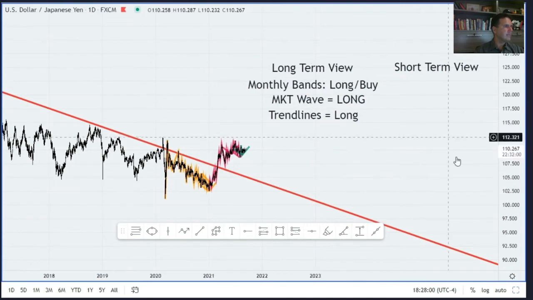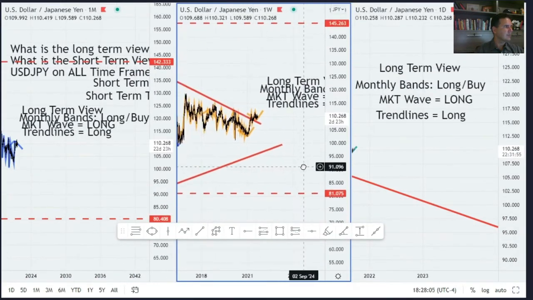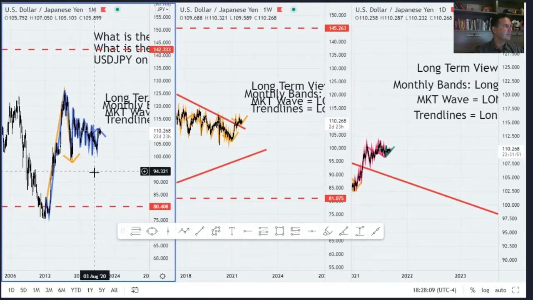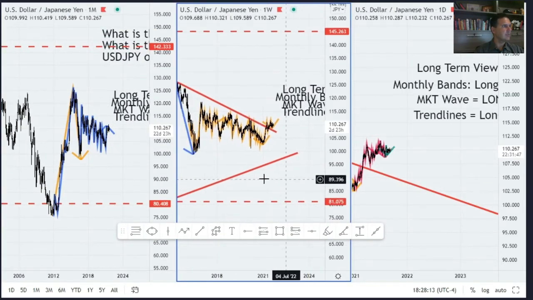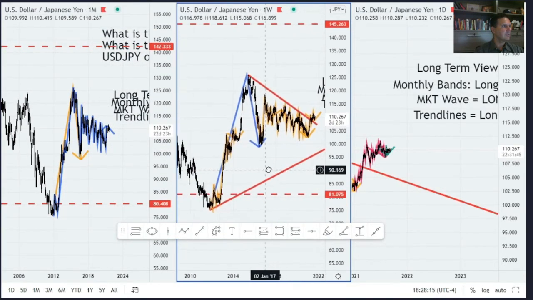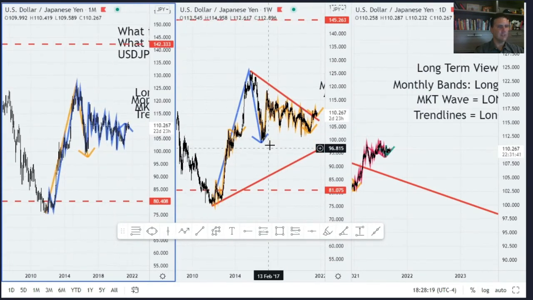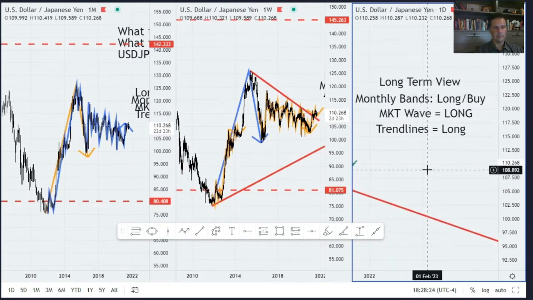Now monthly bands didn't change, right? On the left you have the monthly chart, in the middle you have the weekly chart, right? So this is the monthly chart, this is the weekly chart. So the monthly bands didn't change. Agreed? Yes.